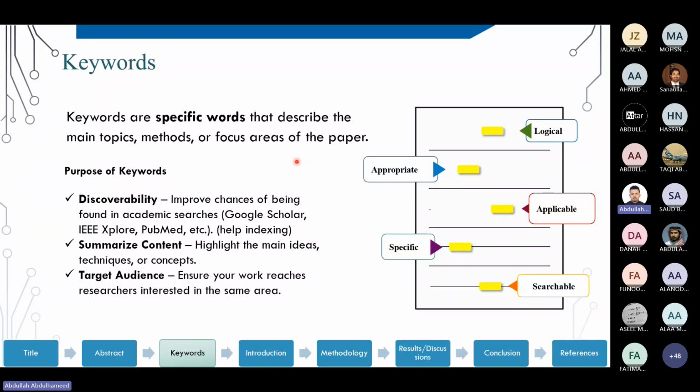So what are the things that you should be careful about? First, discoverability, meaning the improved chance of being found on academic search. Because, guys, now you are concerned about getting your research published, right? Later, inshallah, in the future, you will become more concerned about making people cite your work, or making your research article important to the community.